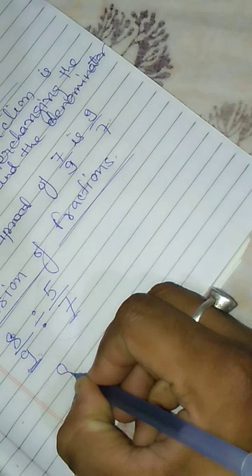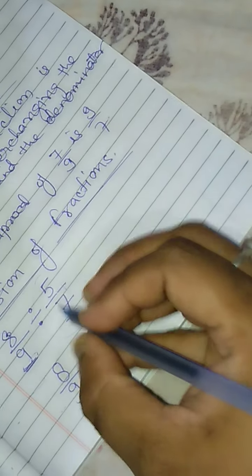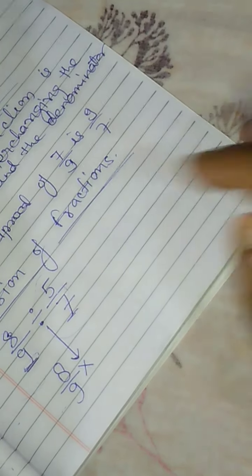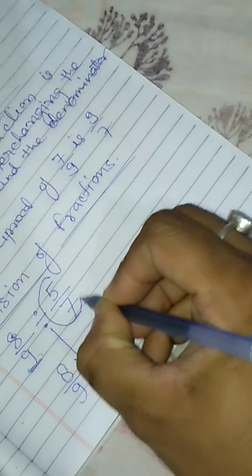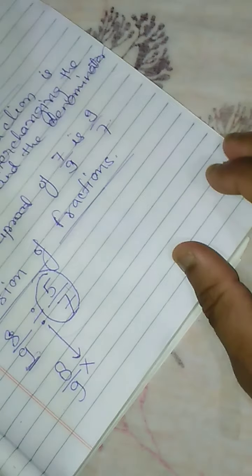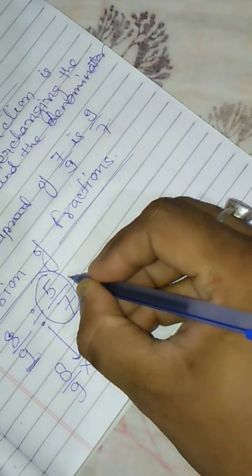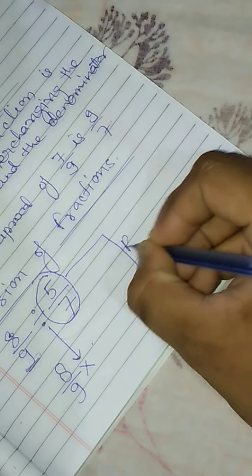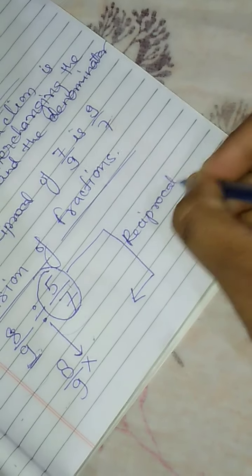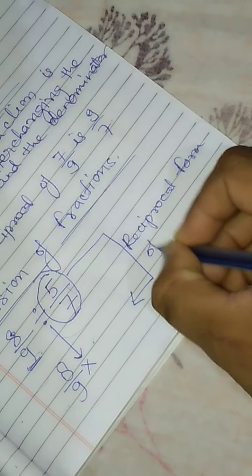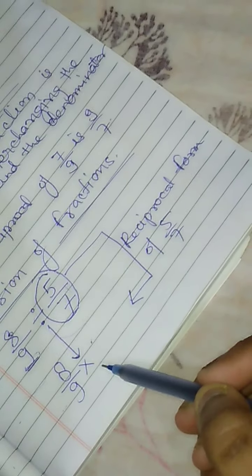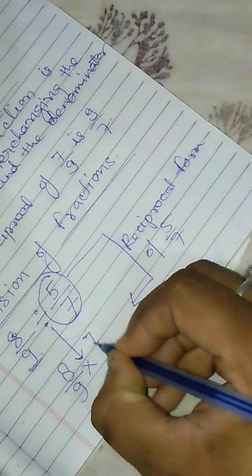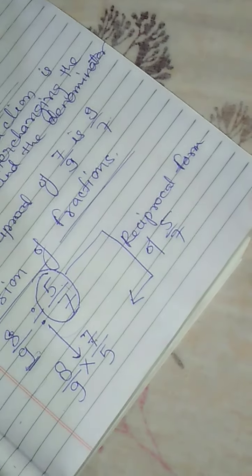what we have to do is first write the dividend. Now this divide sign changes into a multiply sign, and for the divisor, we write the reciprocal form of 5 upon 7, which is 7 upon 5.